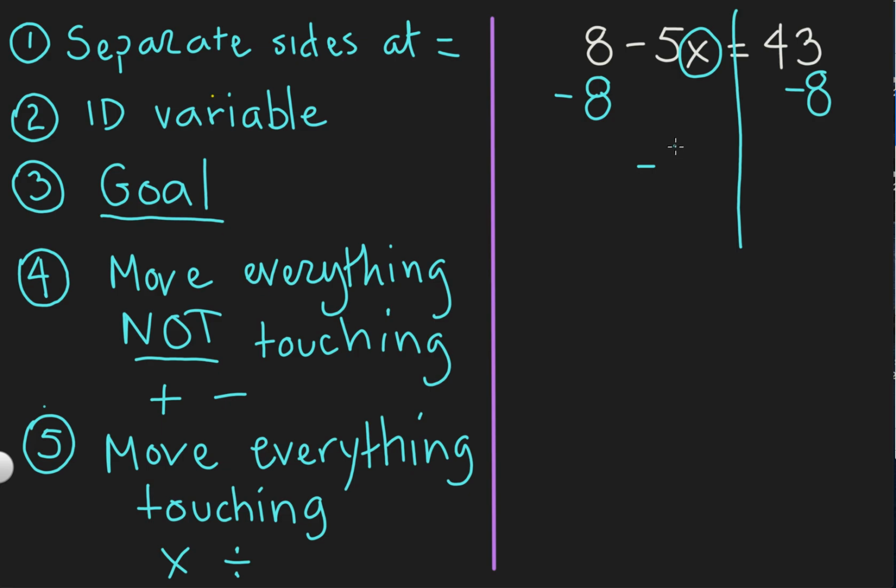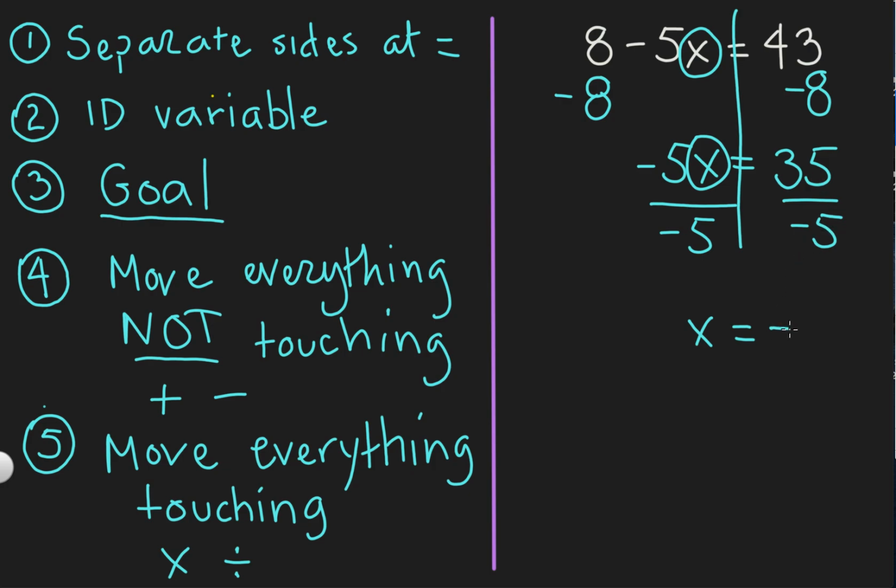This gives me a negative 5 times x equals 35. Now a one-step equation, negative 5 times x, the opposite of times negative 5 is divided by negative 5. This leaves me with the x equals 35 divided by negative 5 is negative 7.